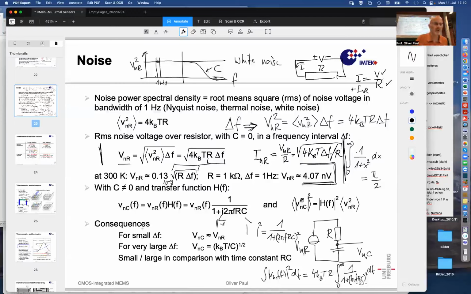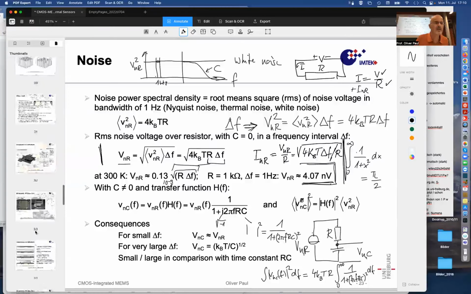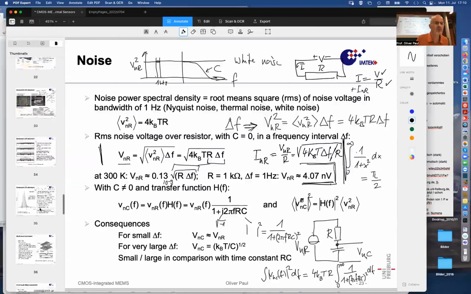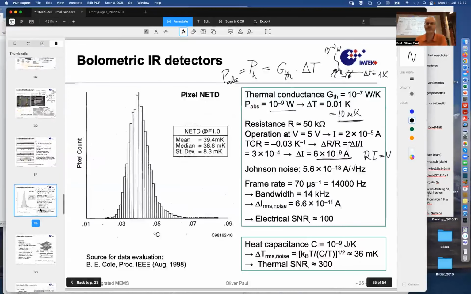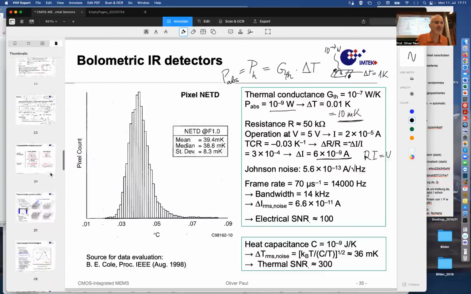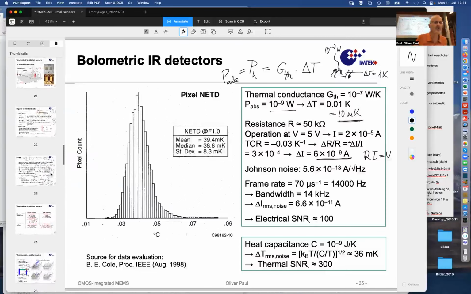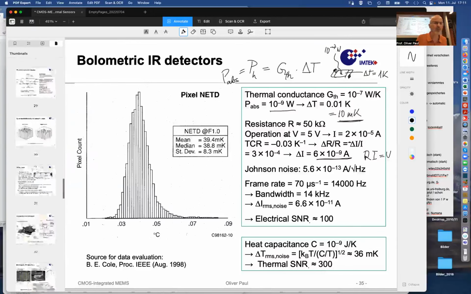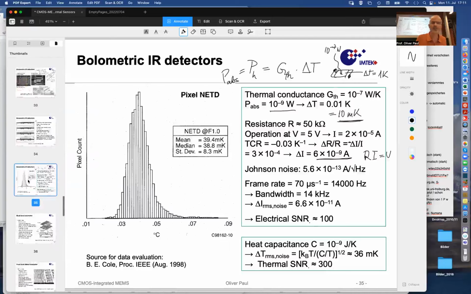And this is what we use here in this page. This is exactly what I calculated here.